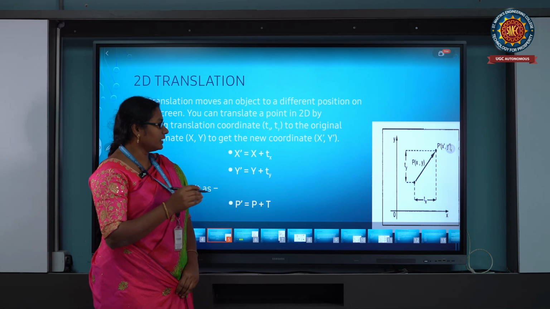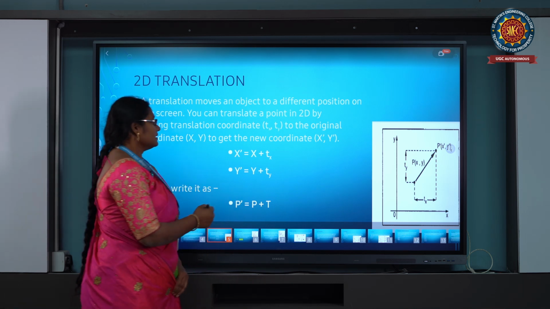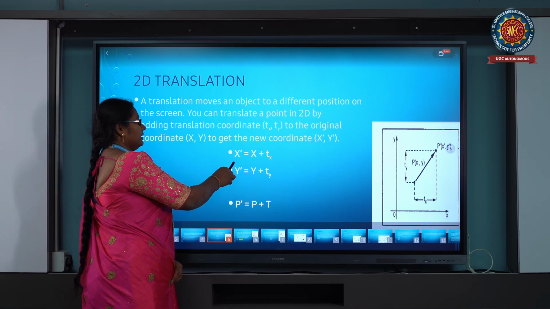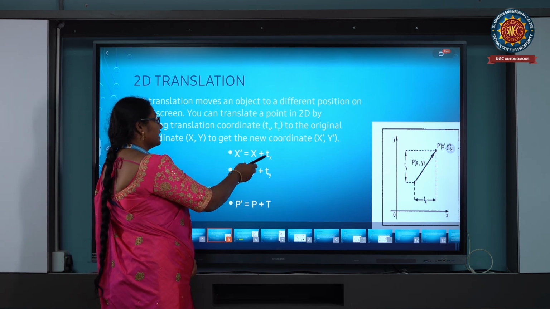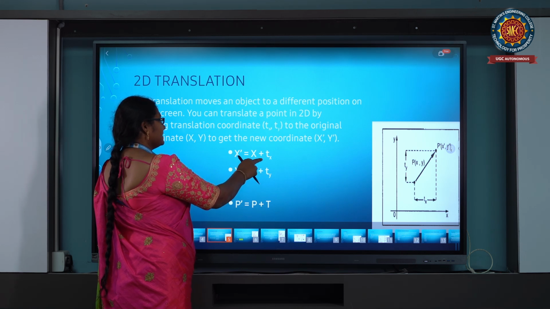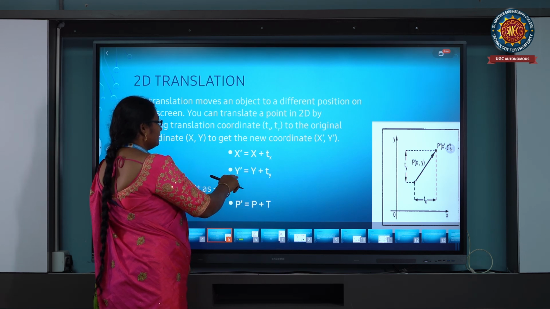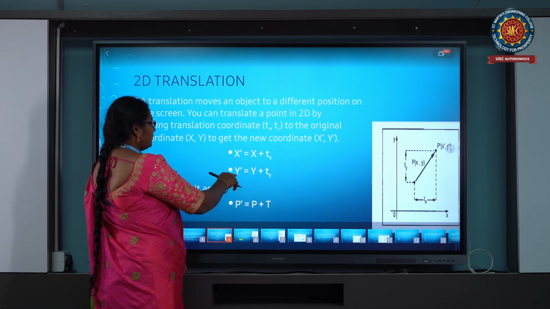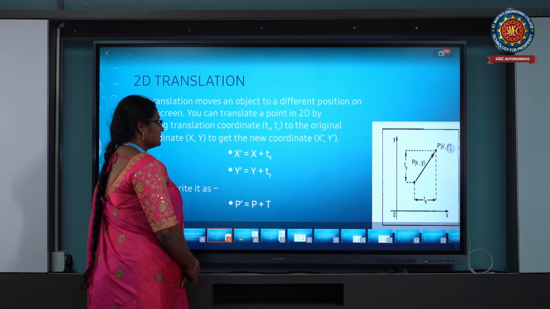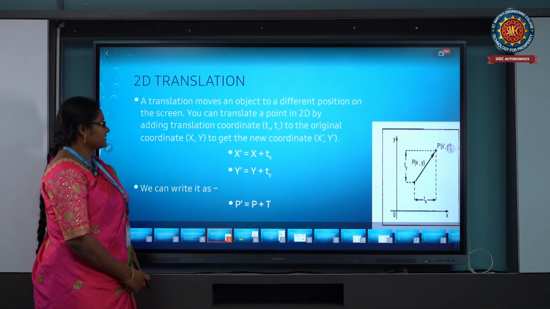Now what are the geometric equations after translation? x dash is equal to x plus tx, that is adding the translation in the x-axis, and y dash is equal to y plus ty. These are the equations of the translated point x dash and y dash.